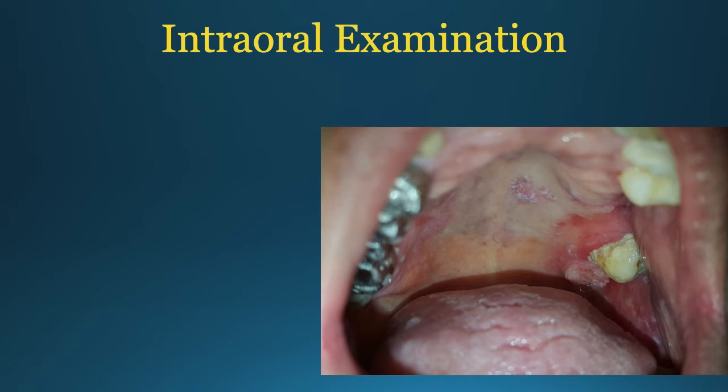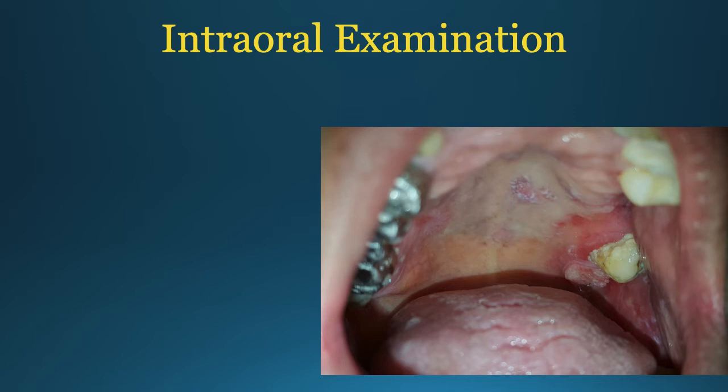We have a multiple diffuse mixed red and white lesion. Also, we should mention that the red component here was erosion, and the white component is keratotic. It seems like papules on the palate.